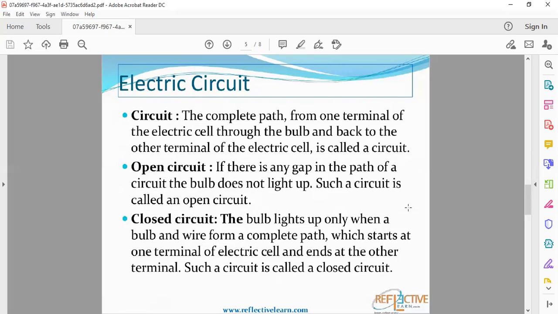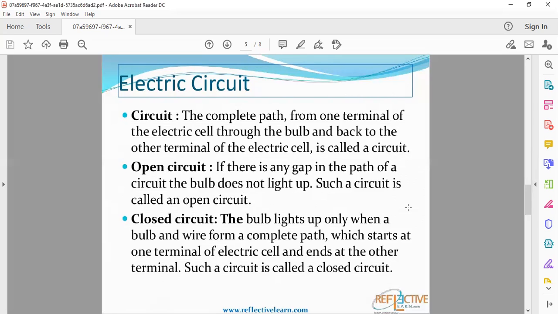And there are two types of circuit. One is the open circuit and the other is the closed circuit. Let's see first what the open circuit means. Children, if there is any gap in the path of a circuit and the bulb does not light up, if there is any gap in the circuit, or the wires are not connected with each other in a proper manner, in that case the bulb will not glow.